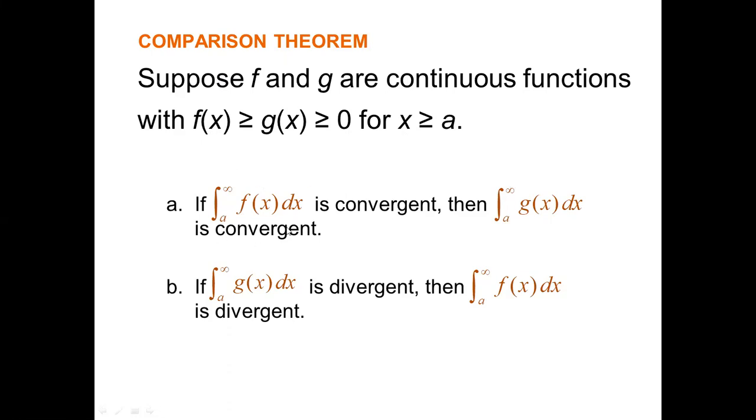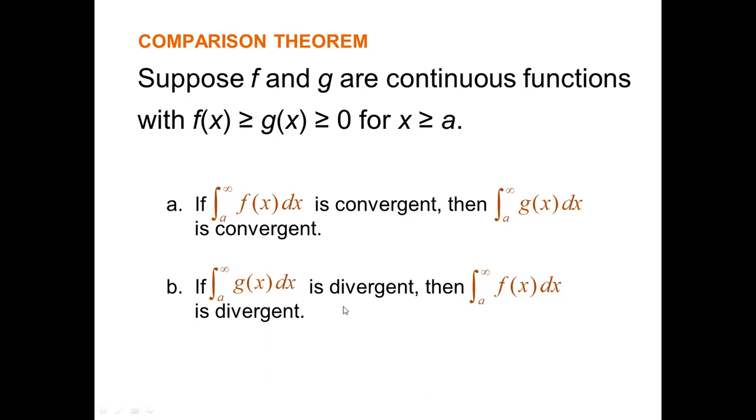Because f of x is greater than g of x, meaning g of x is just under your f of x. In terms of the graph, the g of x is under the f of x graph. So if f of x is convergent, then g of x will also be convergent because its value is, as I've said, lesser than f of x.